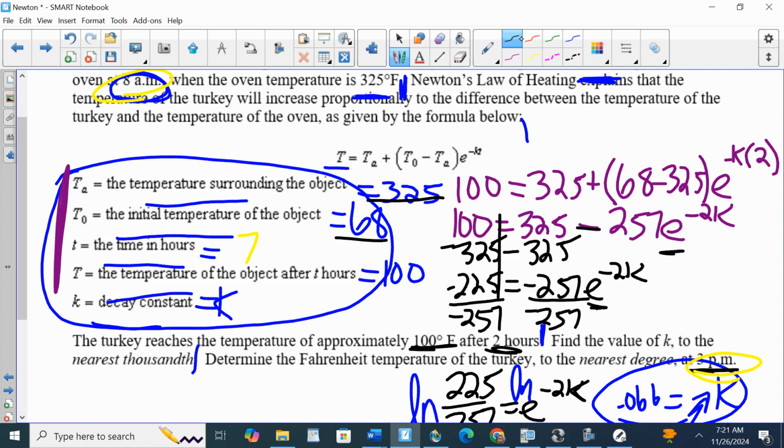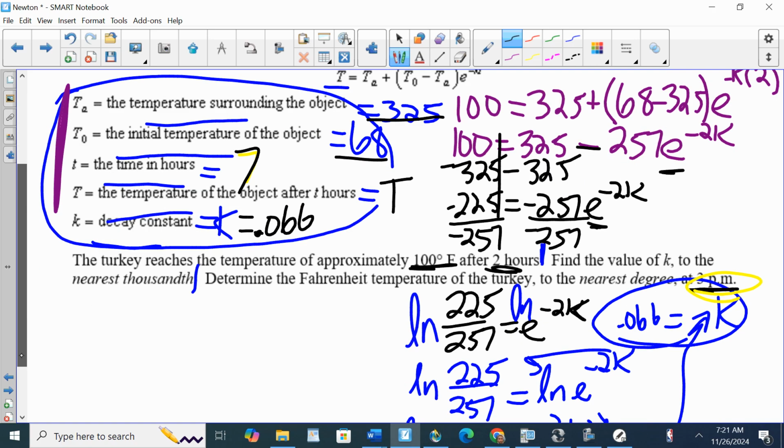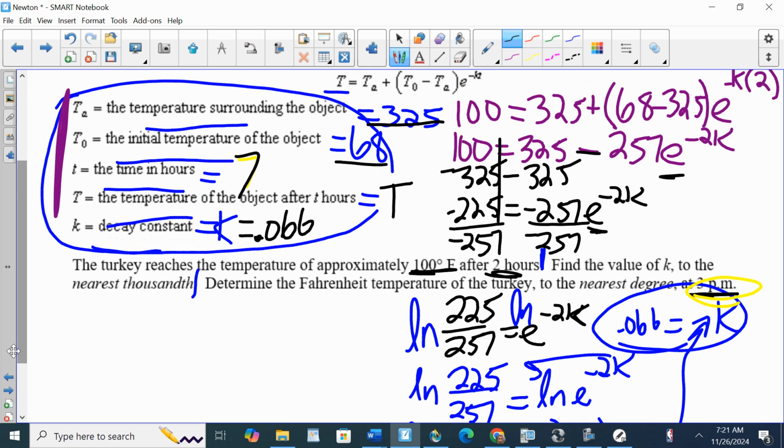T, the temperature of the object, that's what it's asking for. It wants to know what the temperature will be. So again, the second question has nothing to do with the first question, so this is T. And now I know that k is 0.066. This one's a little bit easier to solve because I'm not going to have to do any algebra. I'm going to carefully substitute in.